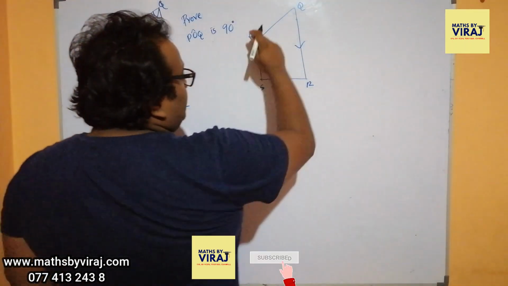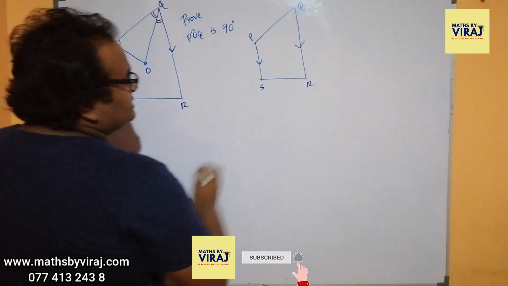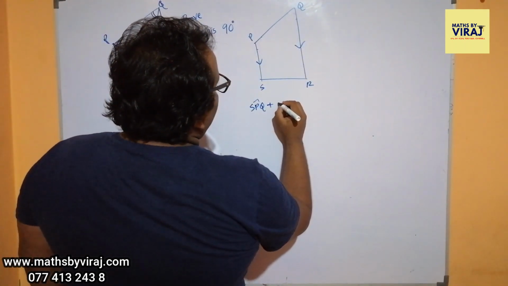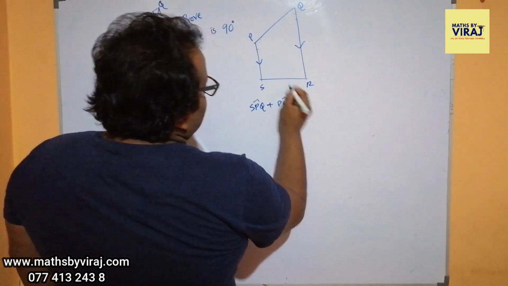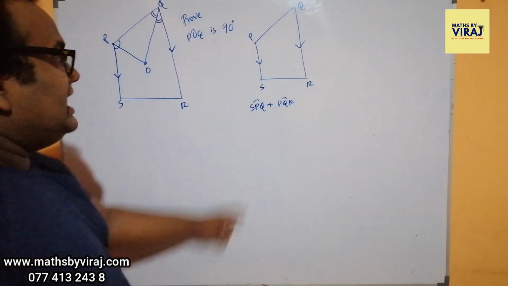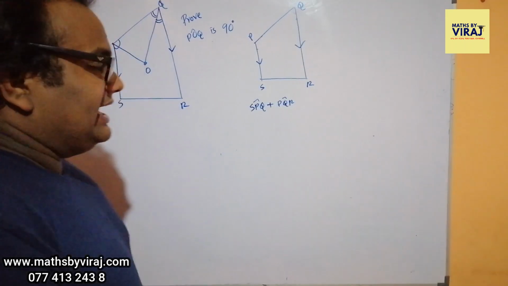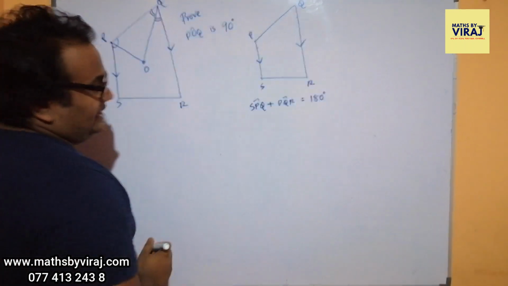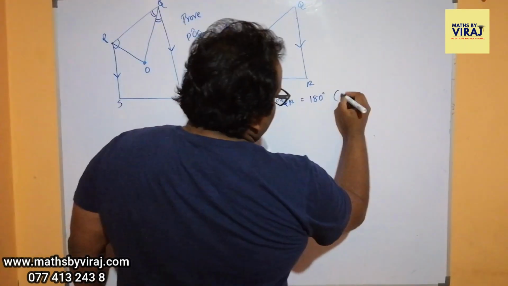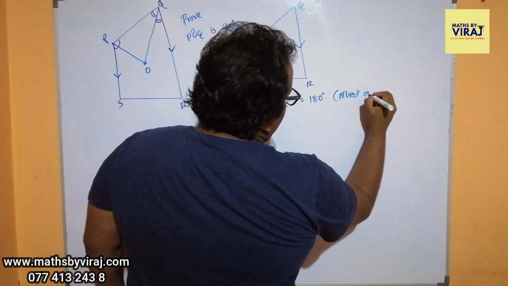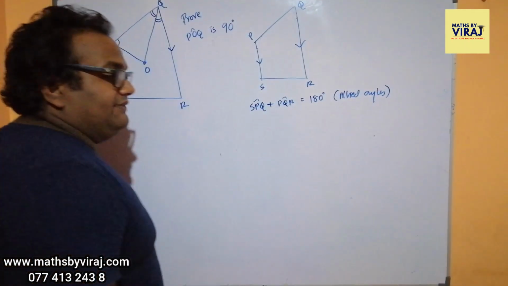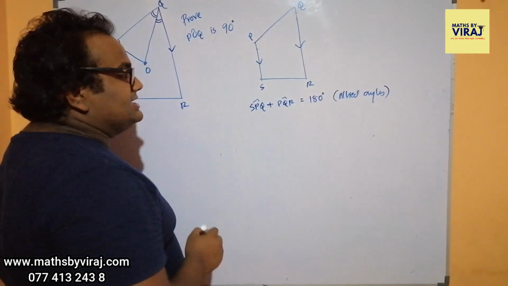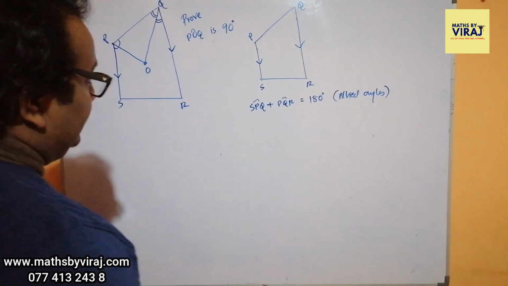Now children, what can we say about angle SPQ and angle PQR? Children, these are two parallel lines and these two are interior angles, and they add up to 180. Right, interior angles, C-shaped or U-shaped angles add up to 180.